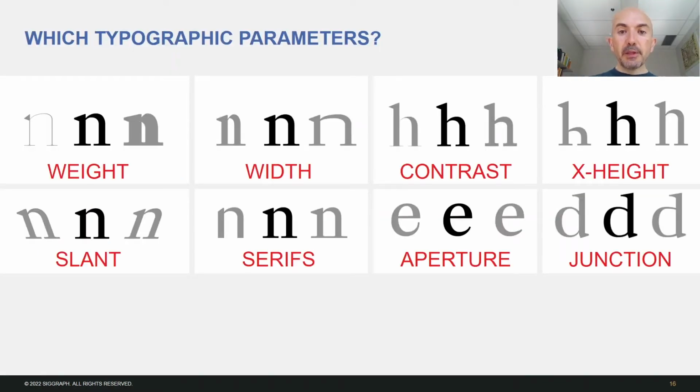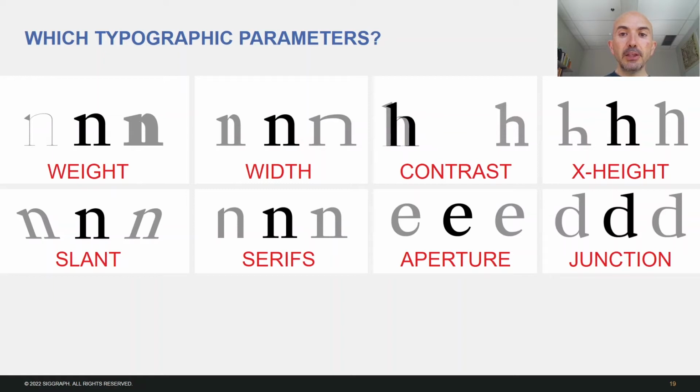These are the parameters that we carefully selected with the ranges. Note that this work focuses and applies to Latin scripts. Weight was explained a moment ago. Width concerns the horizontal space that a letter occupies.